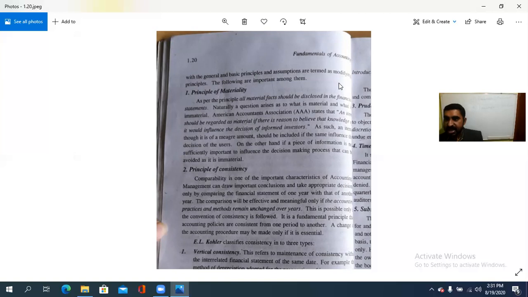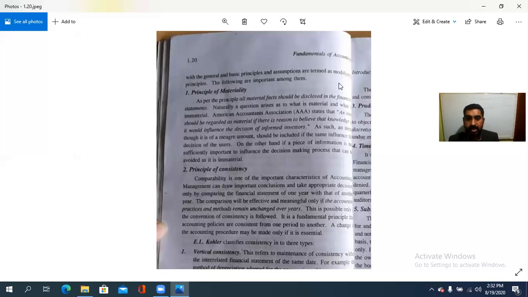So the comparison will be effective and meaningful only if the accounting practices and methods remain unchanged over the years. This is possible only by the convention of consistency to be followed.